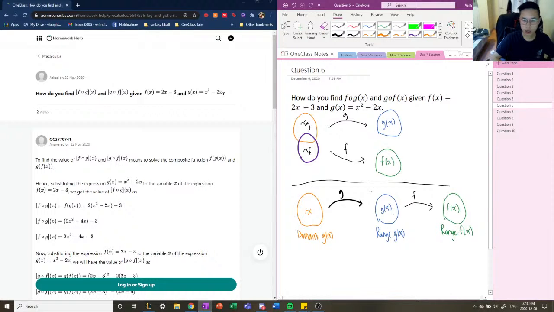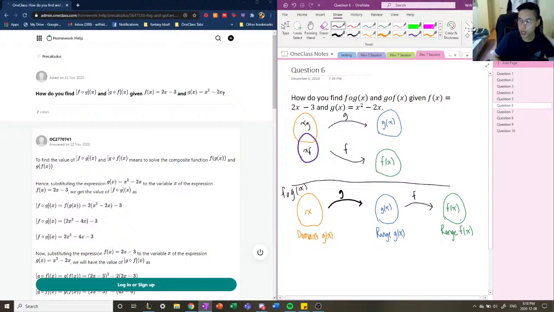That's how a compositional function works, and I'm going to label this as f of g. If it was g of f, then it will be switched, right? So we'll have the domain of f first, applying function f to go to the range of f, and using the range of f values as the domain for function g to produce the range of g of x.